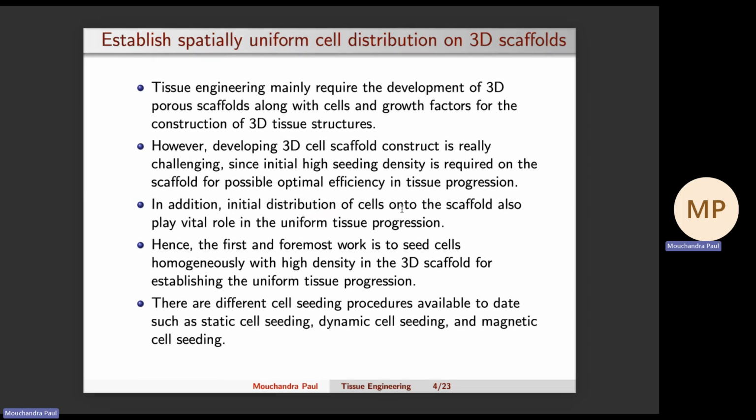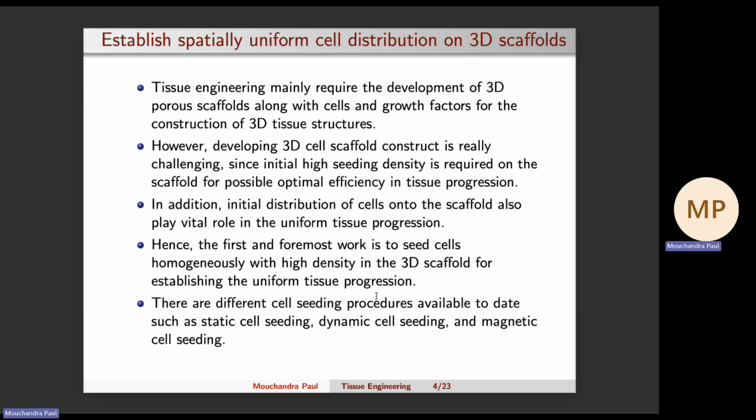So the initial distribution of the cells can play a very important role in how the tissue will mature. So the first and foremost work for any tissue engineer is to seed the cells homogeneously with a high density and ensure that the cells are uniformly distributed.